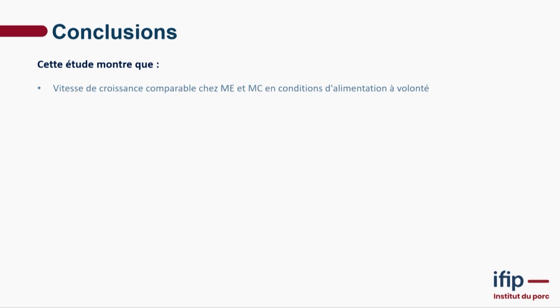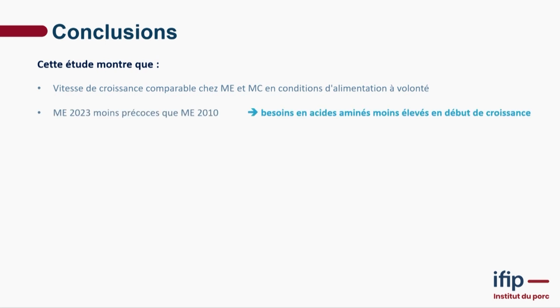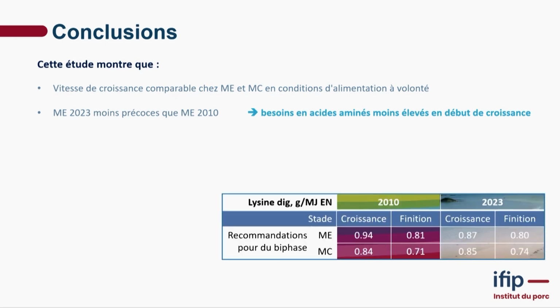My conclusion is that this study confirms that the difference between entire males and castrated males doesn't have an impact on the growth speed, which is similar for the two types of males. The fact that entire males are not earlier in 2023 compared with 2010 means that the requirements in amino acids are lower than 12 years ago.